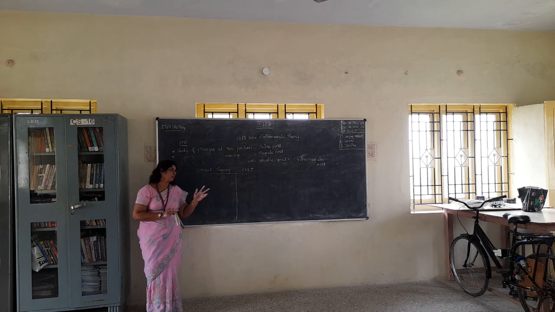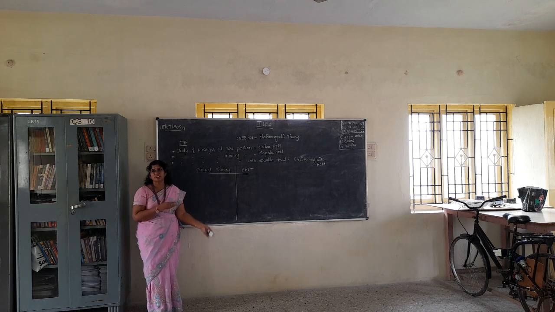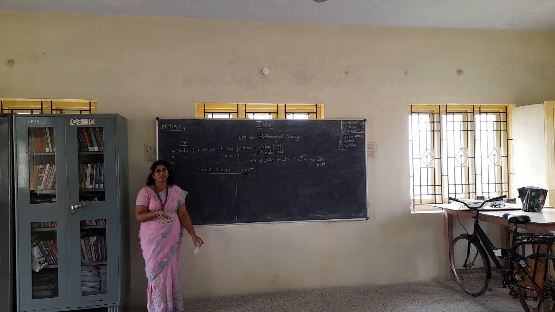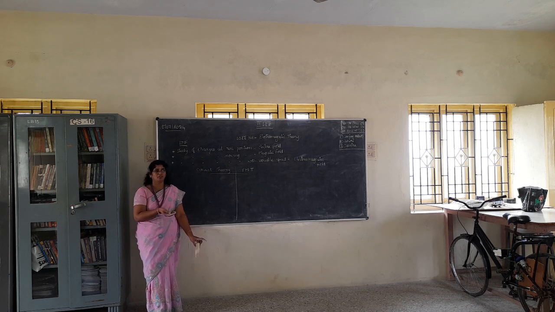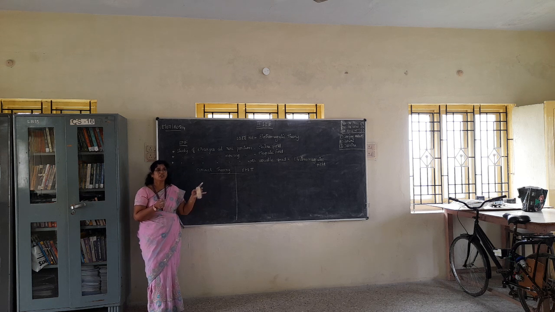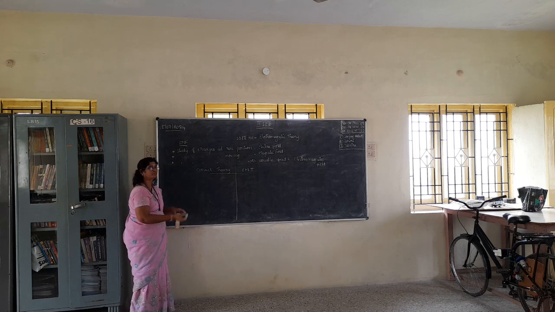It is a 5-mark question or long answer question in unit 4. So what is the difference between circuit theory and electromagnetic theory? What is your first point?